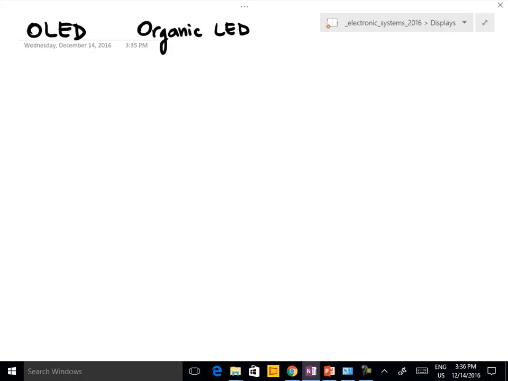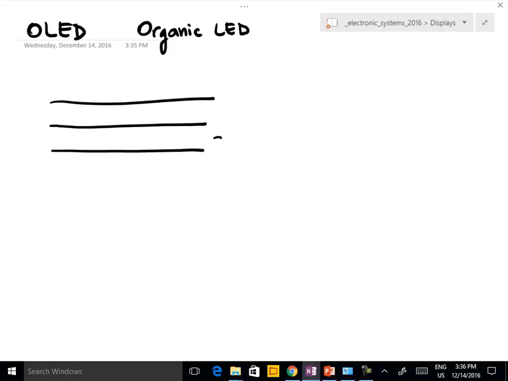So basically we have 2 different layers. We have an organic layer that is p-type.